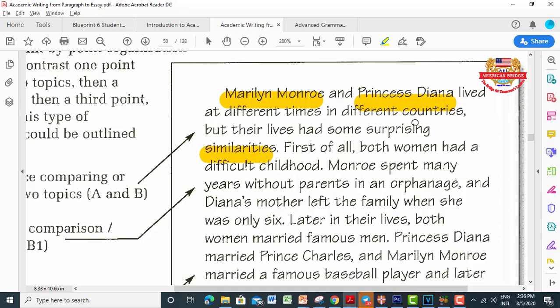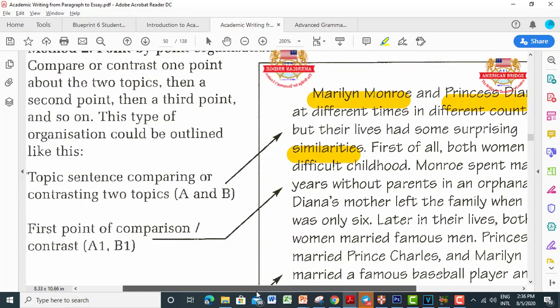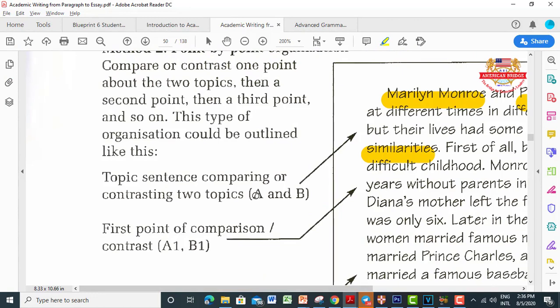The difference is the country. But what we expect to see in this paragraph is that we are going to explore the differences and the similarities between Marilyn Monroe and Princess Diana. So we have done the first one, the topic sentence, compare or contrast with two topics like A and B. Okay, so the teacher labels here line number 1.